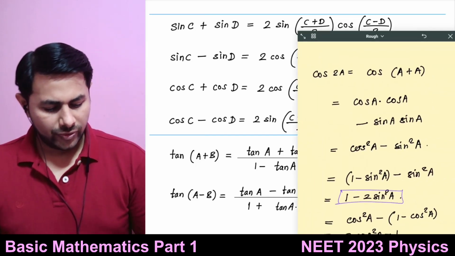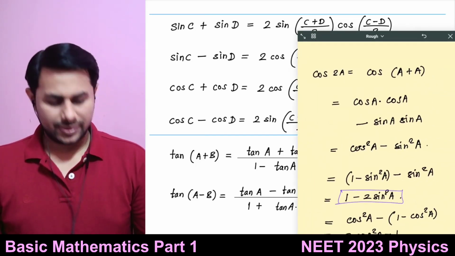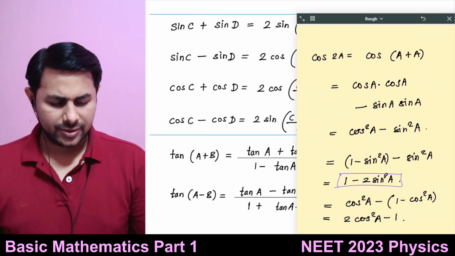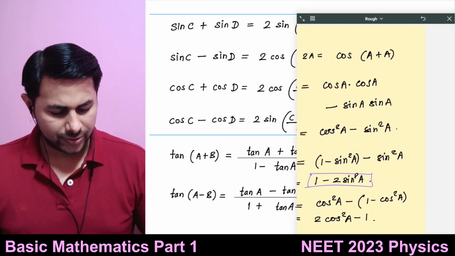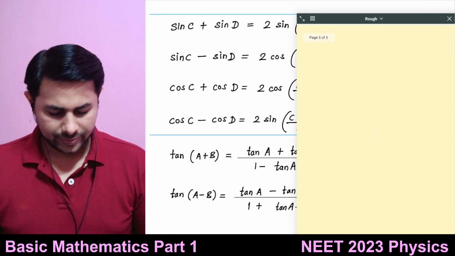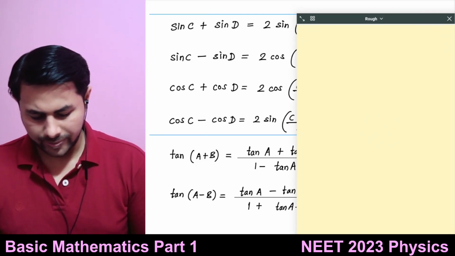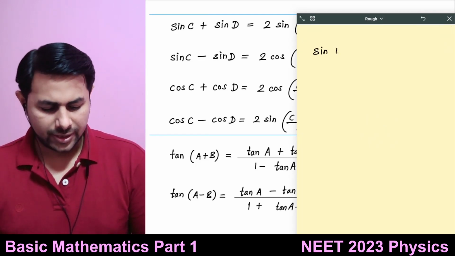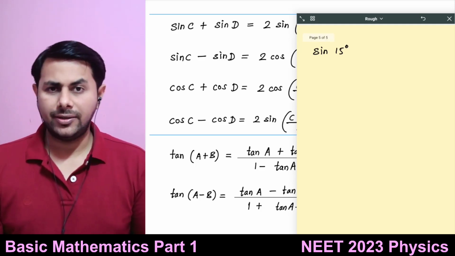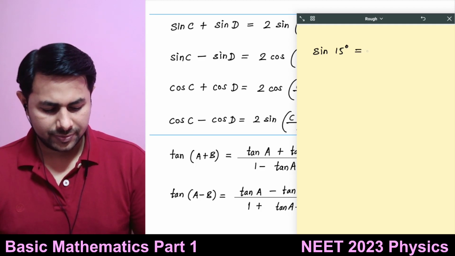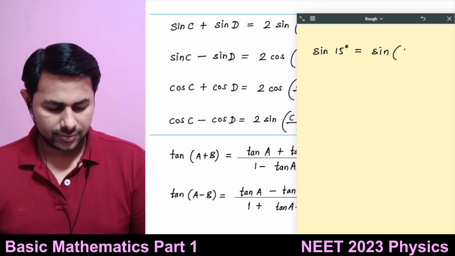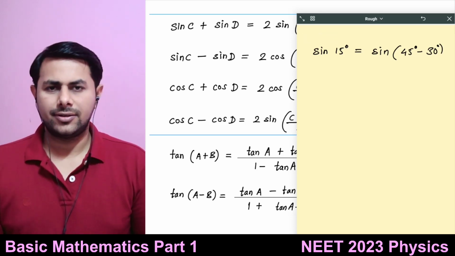Okay, so where do we use this formula? First thing is, let's say for an example, I want to find sine of 15 degrees. How would I find it? So 15 degrees, I can write it as 45 degrees minus 30 degrees, right?